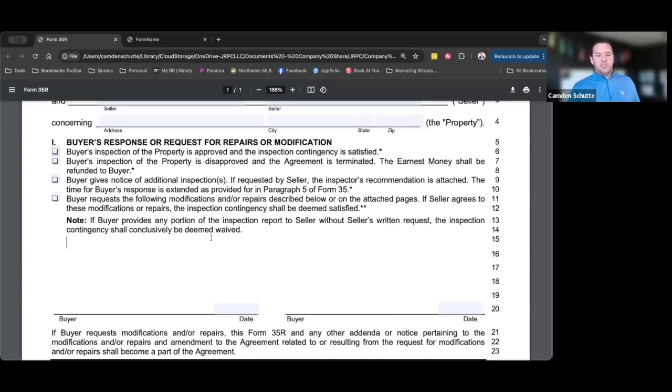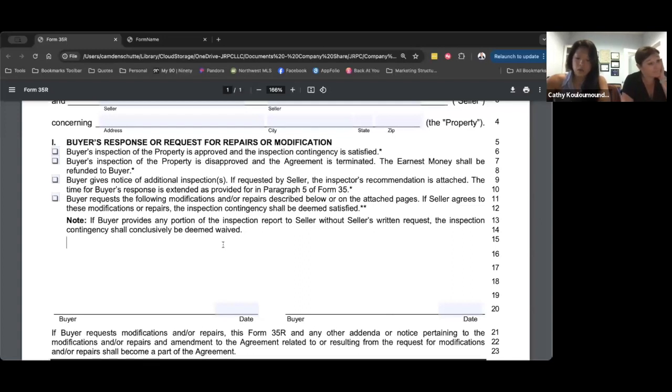So for example, let's use the water heater example. We know the desired outcome is a water heater replacement. That's what we're going for. Who is going to complete that task? Who would complete a water heater replacement? A licensed plumber.